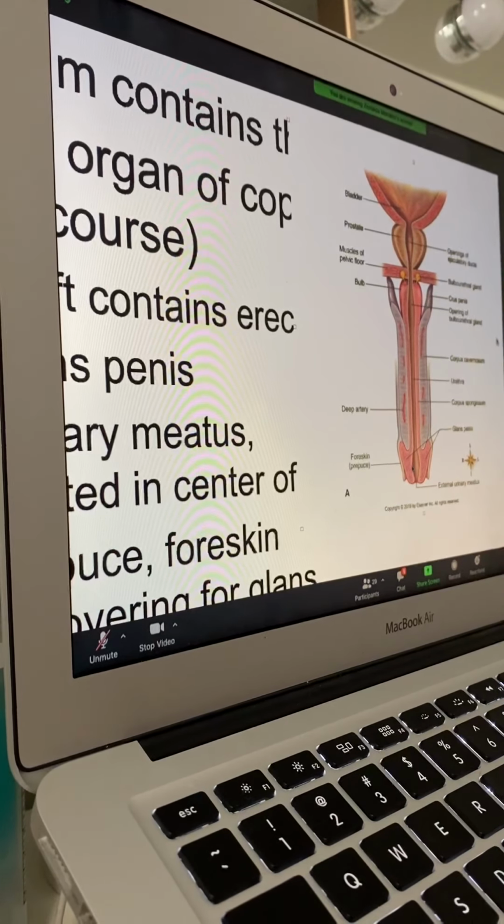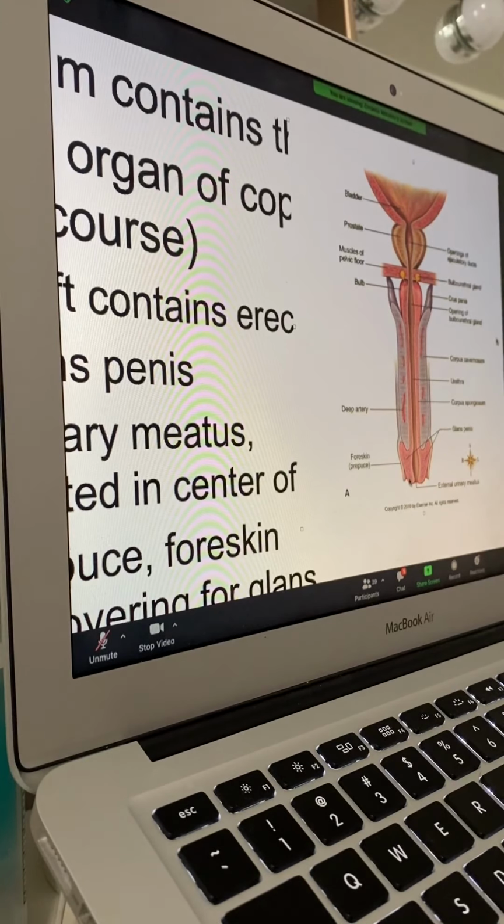That is the skin at the tip of the penis. If they pull it up, they can see the glans penis, and the glans penis produces secretions. If they don't clean it, it becomes smelly, and that's what we call smegma. So smegma is produced by your glans penis.